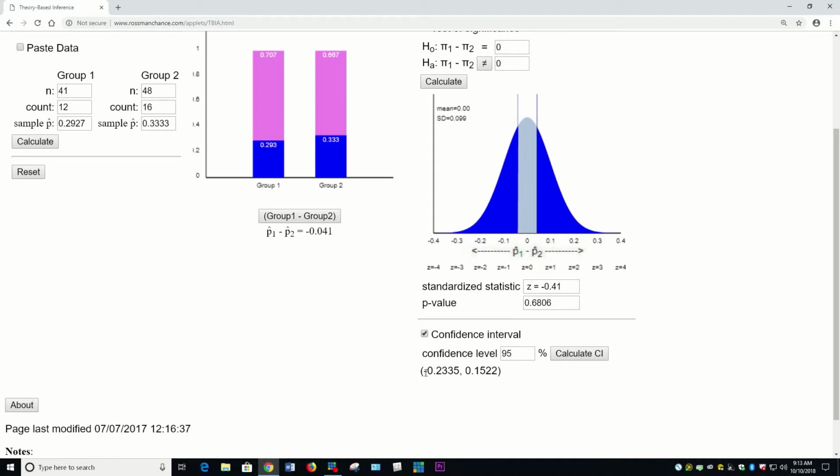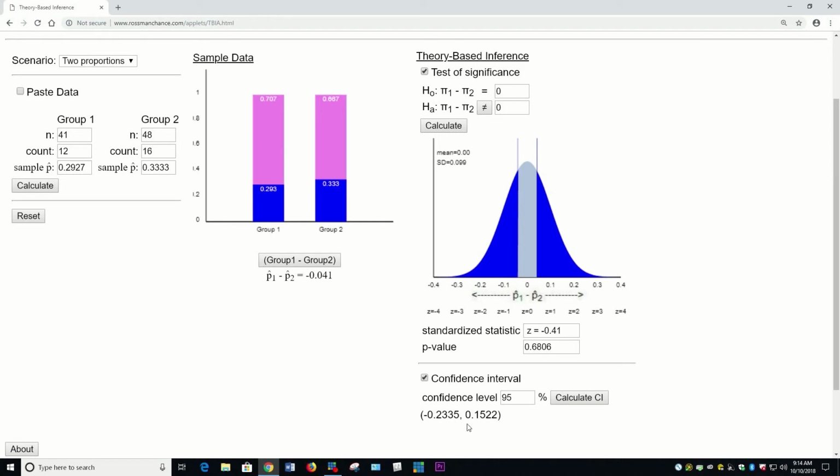And so one thing to notice about this confidence interval is that it straddles 0, right? It runs from a negative 0.23 roughly to a positive 0.15. And so we can see just from this confidence interval that we are not going to be confident saying that the difference is not 0, because 0 is in there, right?